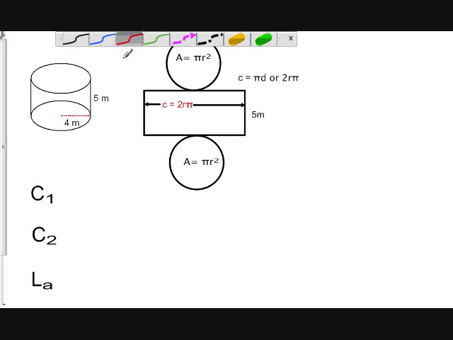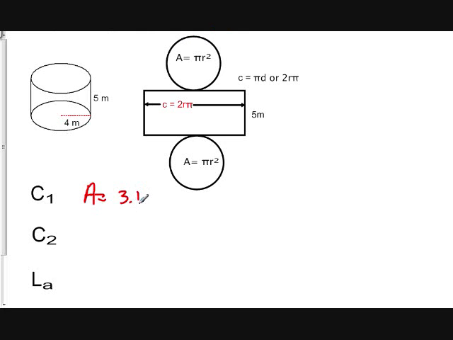The area of the circle is equal to pi, which is 3.14, times the radius squared, and in this case it's 4 squared. So 3.14 times 16, since 4 squared is 16.